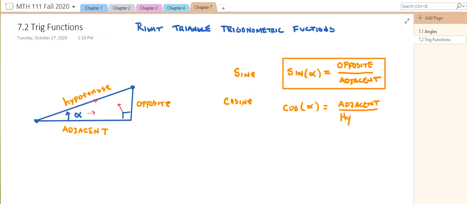Okay, back again. So the cosine is the adjacent over the hypotenuse, and I see I misspoke about the sine up there. I'm going to correct that. The sine is not opposite over adjacent, that's actually the tangent. The sine is opposite over the length of the hypotenuse.